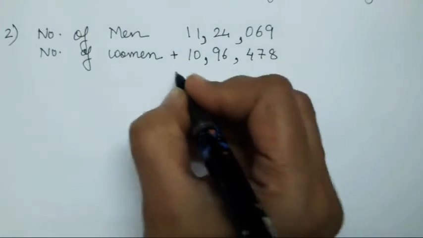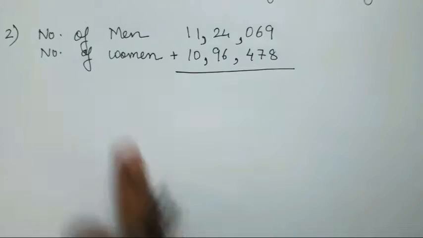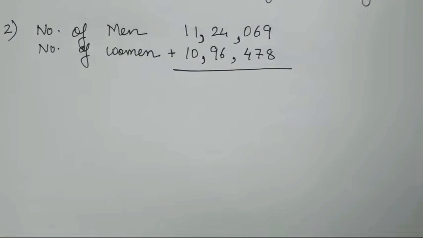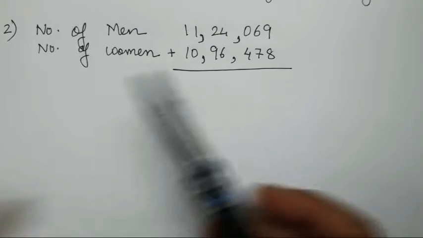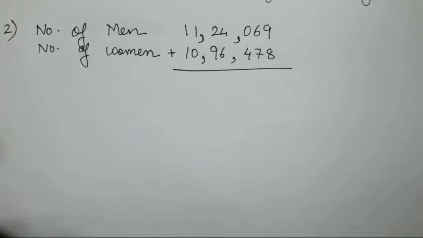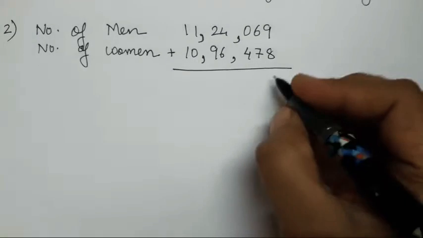So two options, as I said, when two different options have been given, we have to add them. Now 9 plus 8, so after 9 you all have to count 8 fingers. 10, 11, 12, 13, 14, 15, 16, 17.